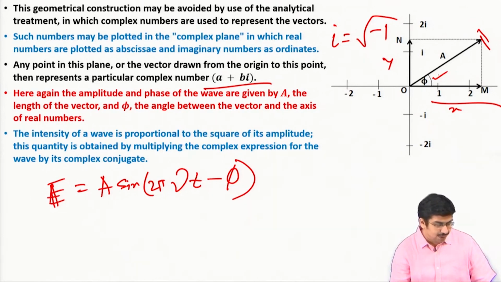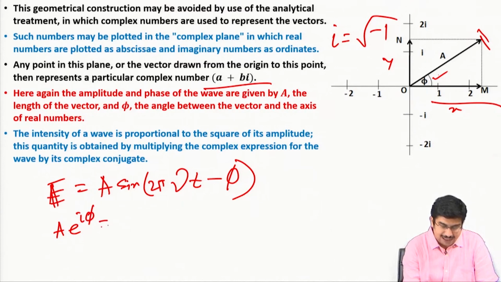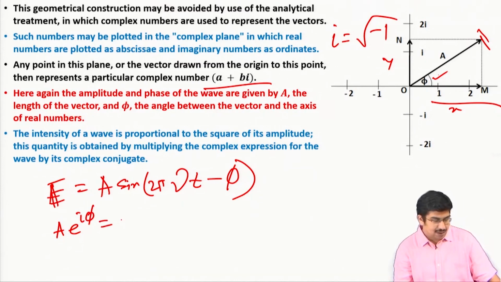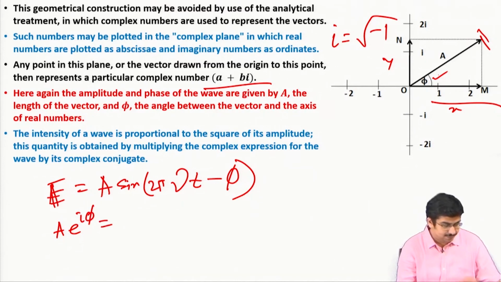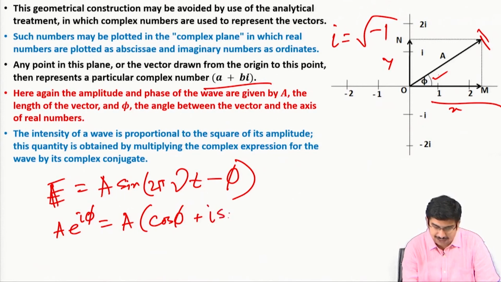So, what we can do here is that each of these waves we can express by a power series expansion, where we can write this as basically equals A into cos phi plus i sin phi.